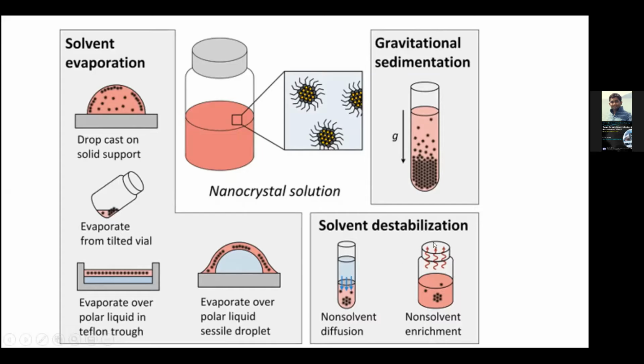Similarly, again, solvent diffusion. Generally this kind of technique is used in inorganic chemistry to make crystals. You have two miscible solvents, and you add one solvent slowly, so they will not mix immediately, but mix very slowly into each other.